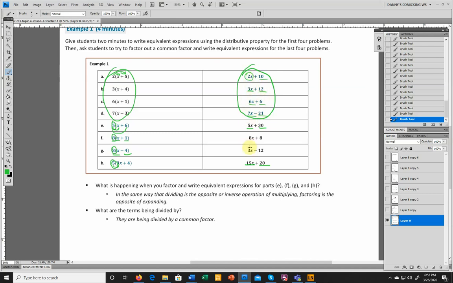Here, we had our standard expressions, and we expanded them. What are the terms being divided by? They are being divided by a common factor. Common factor means they have the same factor that divides or multiplies by both of them. Okay, let's move on.